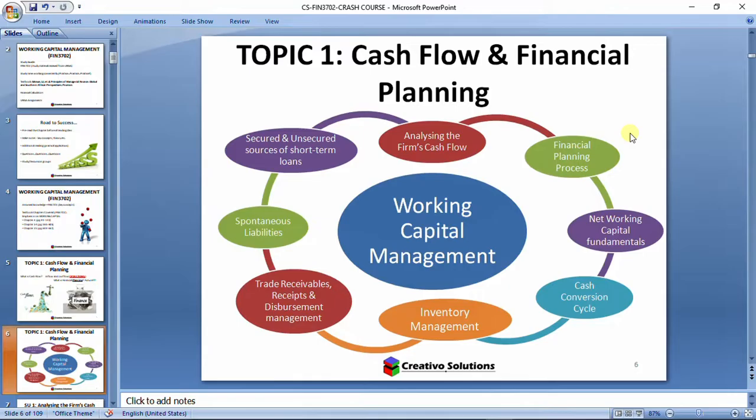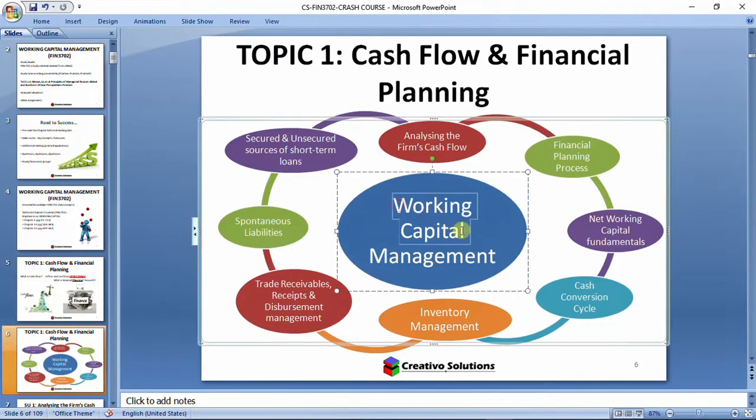But when you did FIN3701, you would have looked at, okay, I'm going to take all this capital and invest it in a project, and now this project is going to run for however many years or months. Obviously on a day-to-day basis, there are certain working capital requirements needed to keep the project running.